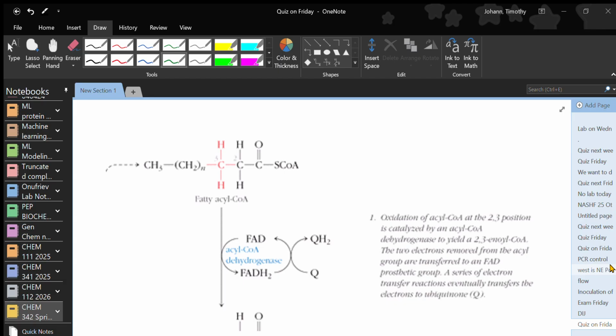The first step is called beta oxidation because we're going to end up oxidizing the beta carbon. So it's alpha, beta.